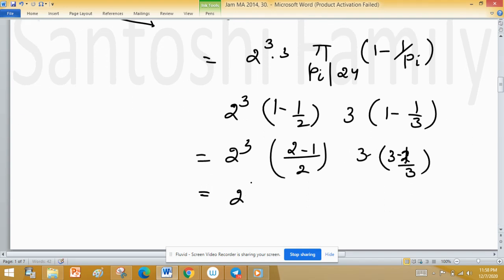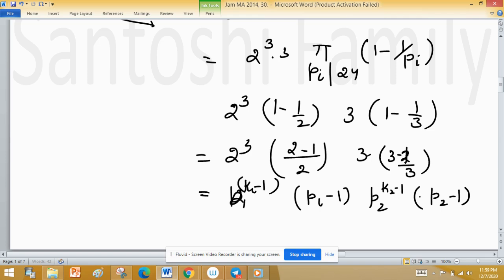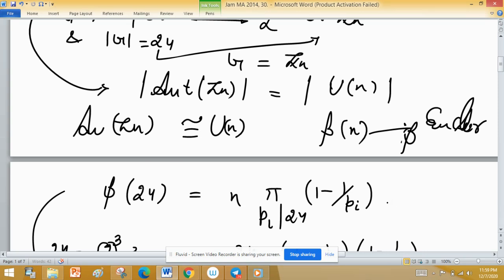It means 2 raised to the power, this is ki, the exponent of the prime, minus 1, and this is another exponent. You can say p1 raised to the power k1 minus 1 times p1 minus 1, or p2 raised to the power k2 minus 1 times p2 minus 1, and so on. So this is another form of the Euler function you can use, but this is a convenient form.